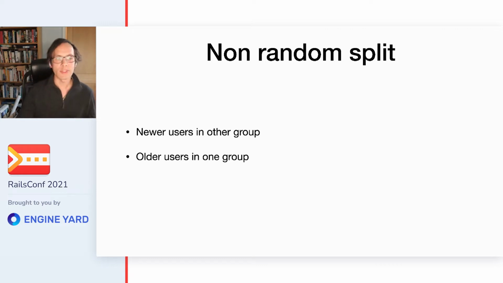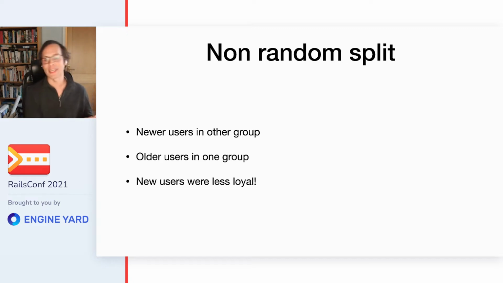And of course, this meant that the newer users, in general, were less loyal. They weren't the people who'd built up over a period of years an affinity with that brand. And so we got some amazing results. But then we looked back and we found that the two groups had very different results before the test started as well. And it's very difficult when you get something like this to extract a result.